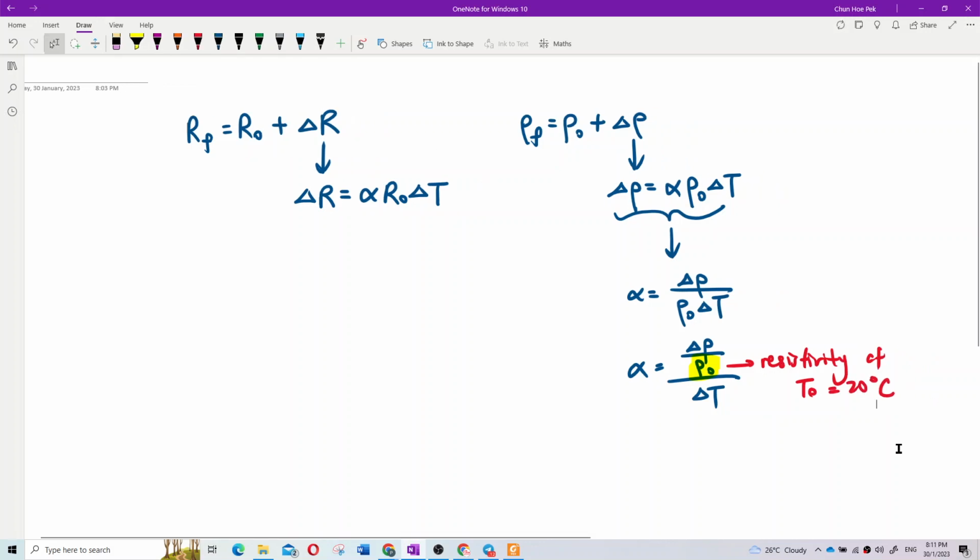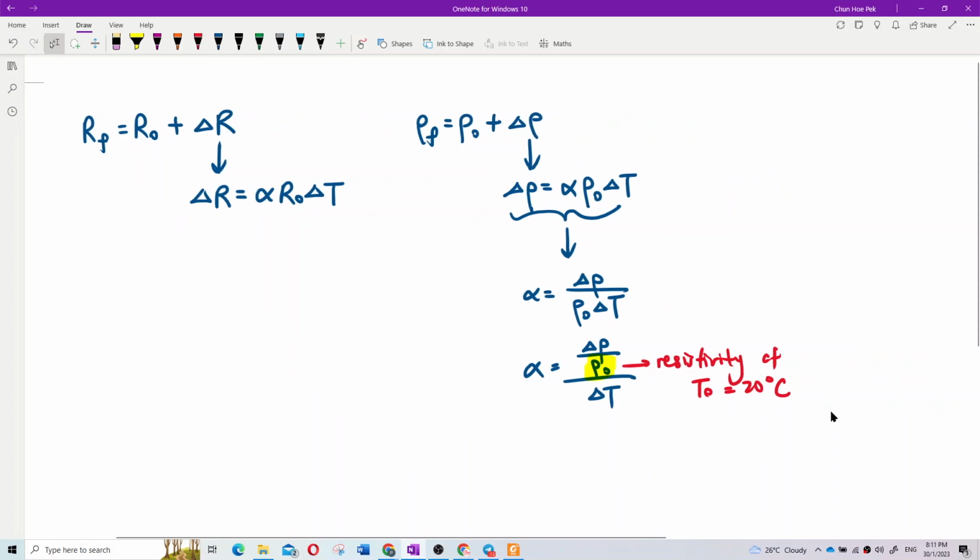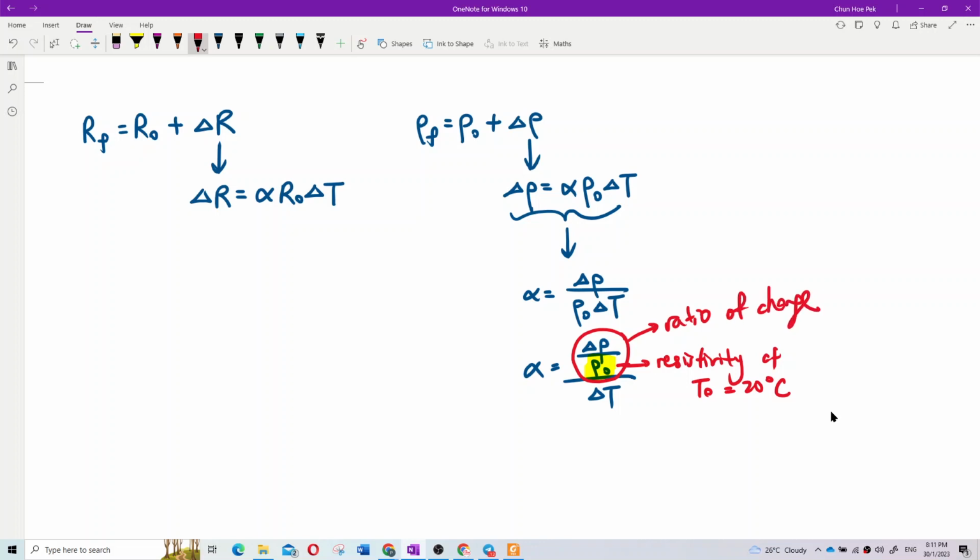Okay, so the whole thing at the bottom is called the resistivity. The whole thing at the top is a ratio, a ratio of change.